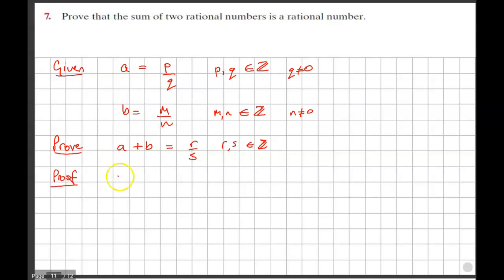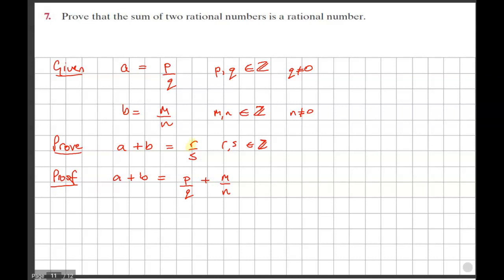So if we just take A plus B and add them together, A is P divided by Q and B is M divided by N. With a lot of these questions, it's about then manipulating what you have. So here we want to work through this and ideally get it looking like a single fraction.